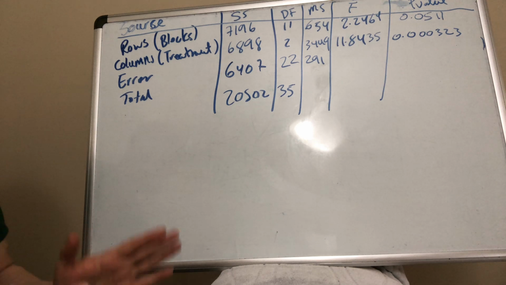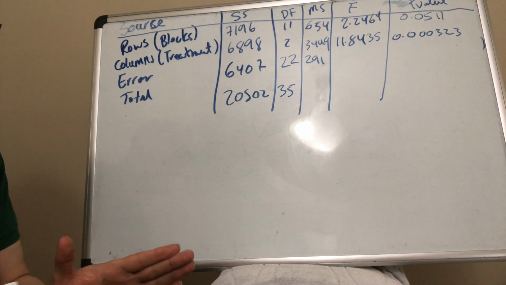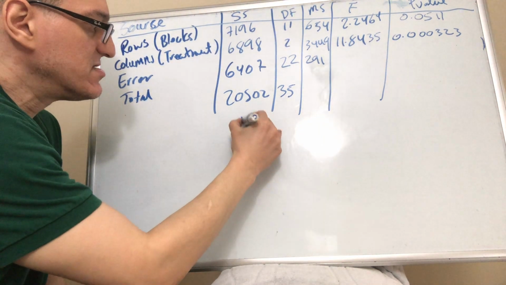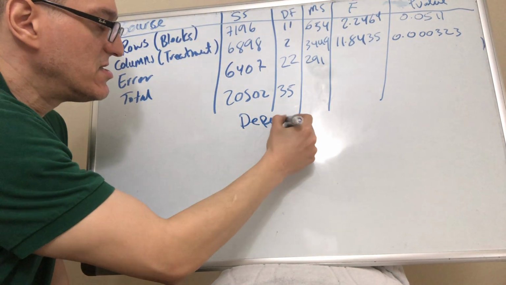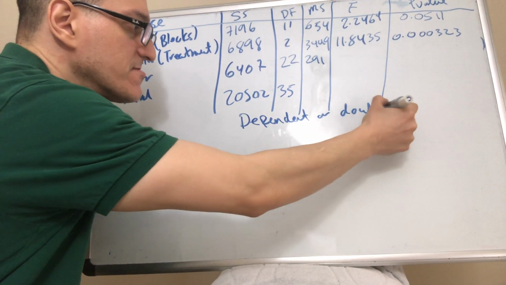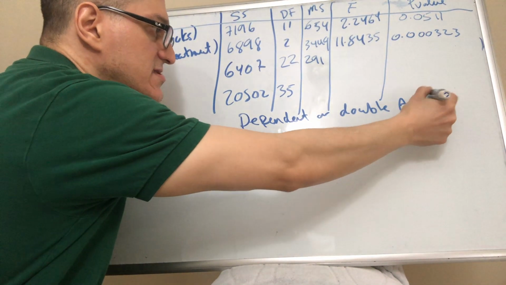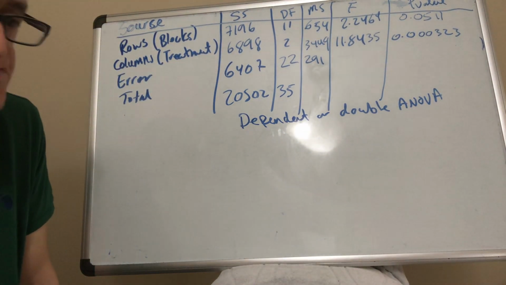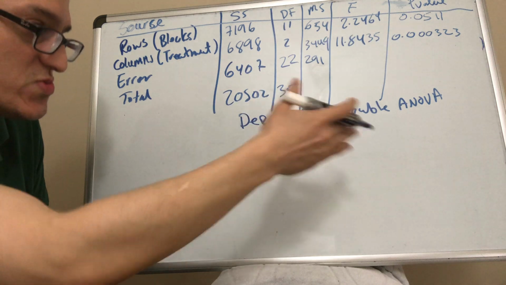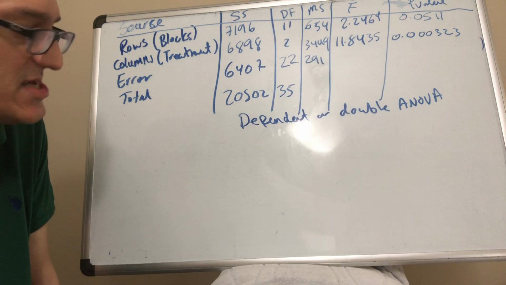So now we know we have 3 groups, but it's the same people. So that makes it dependent or double ANOVA. It's not like the first or the second questions where the groups are different. No, it's the same group, the same 12 under each type.